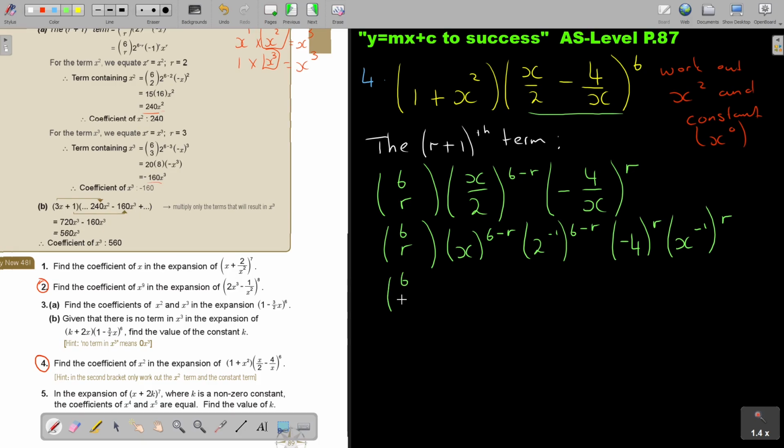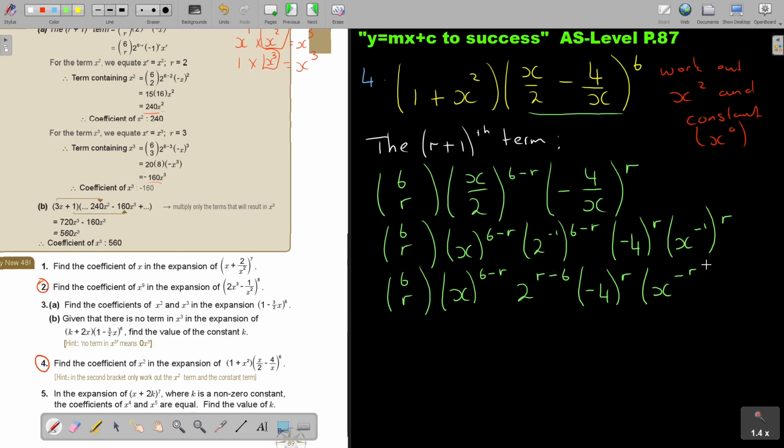So it's going to be 6Cr, this is going to be x^(6-r), this is going to be 2^(r-6) or rather r minus 6, because positive r minus 6, and this is going to be (-4)^r, and this is going to be x^(-r).